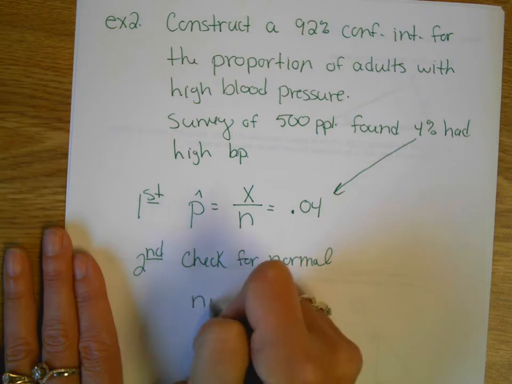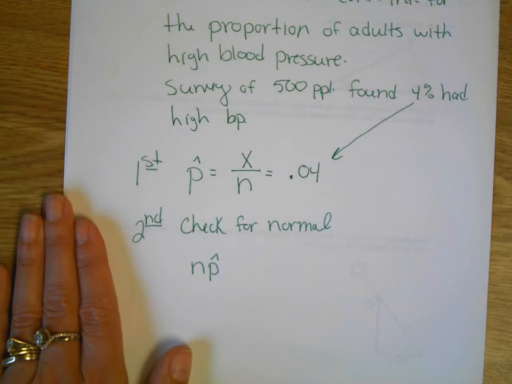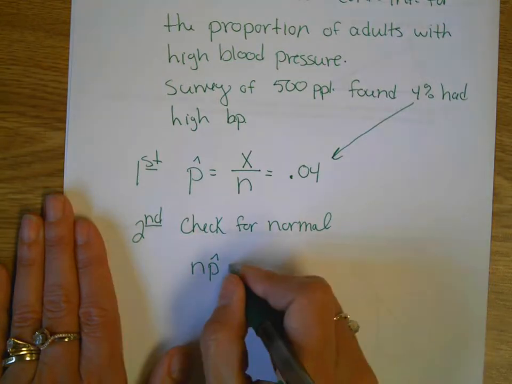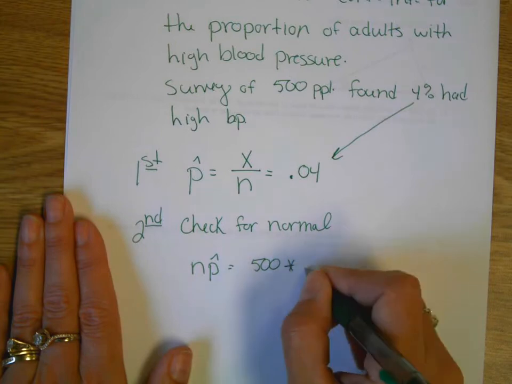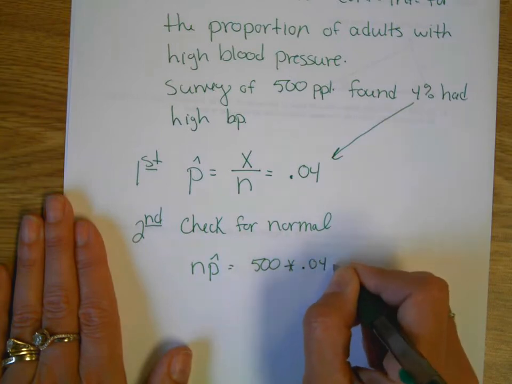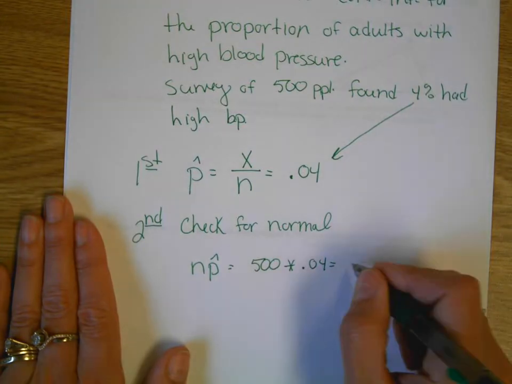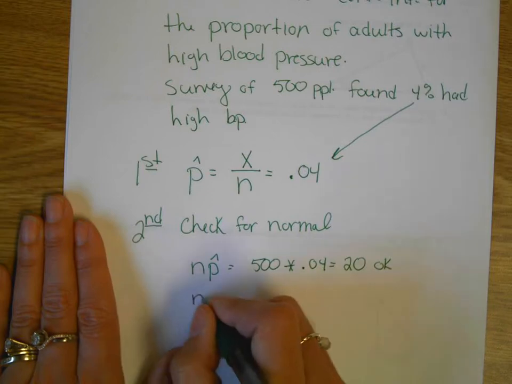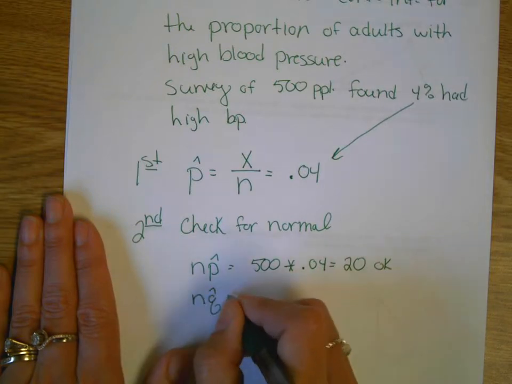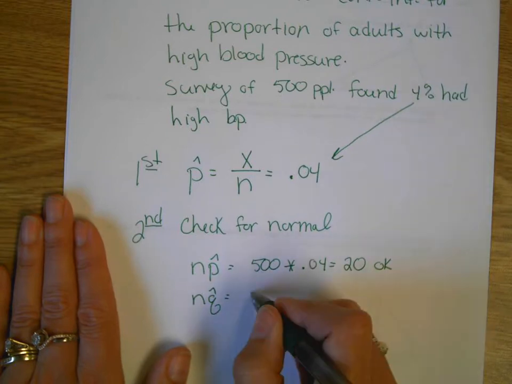And that's n times p hat has to be greater than or equal to 5. So that's 500 times the 4%, and that is 20. That's good because it's greater than or equal to 5. And then n times q hat, do we really need to check it? Because it's going to be the rest of this, 480.